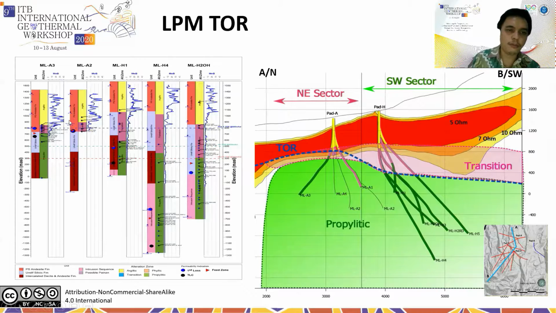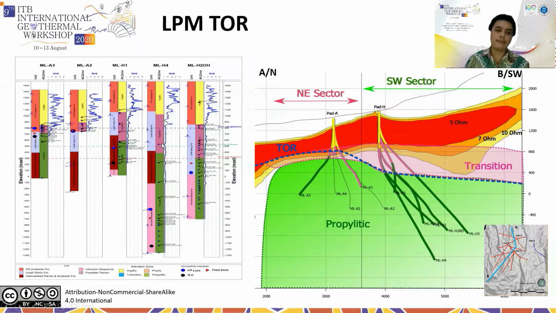So comparing all the data between the northeast wells, A3, A2, and H1, and the southwest sector wells, H4 and H2, we can see that the southwest sector has a similar lithological sequence to the northeast sector, but the permeability in the shallow part is blocked by later calcite and anhydrite minerals that potentially block the distribution of the shallow reservoir in this part.